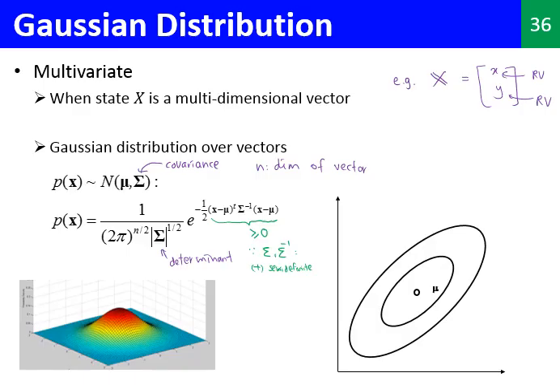Let me write n equals 2, and here we have a top-down view of the same distribution, and for the axes I have x and y, and this is going to be x bar and this is y bar, the mean. Okay, so mu vector is actually x bar and y bar.